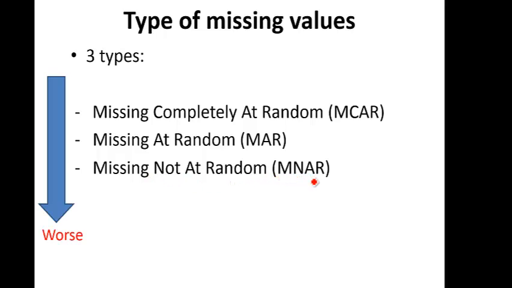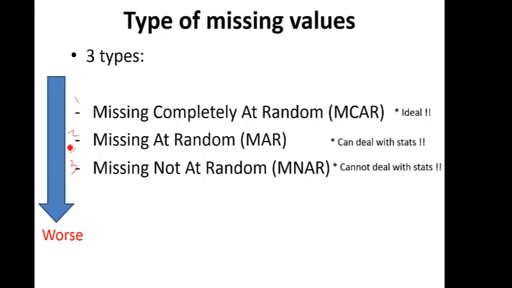Missing completely at random is actually the ideal situation, and missing at random is something you may be able to handle with statistical methods. Missing not at random is worse; we can't really deal with it using statistical methods. So the severity of the problem is 1, 2, 3.